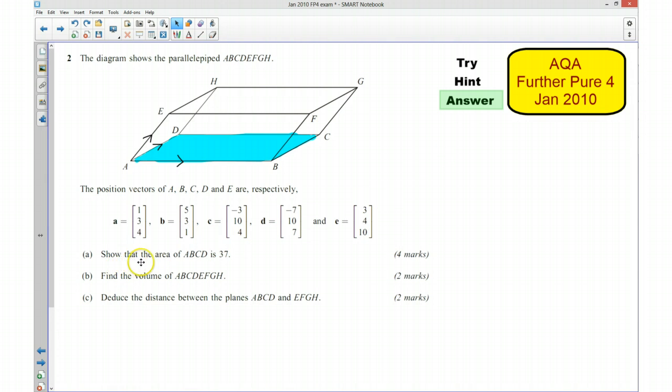So for part A, we're showing that the area of ABCD is 37. I told you to go away and maybe find those vectors there. So what we should have done is found the vector AB, which is B take away A, so that's (4, 0, -3).